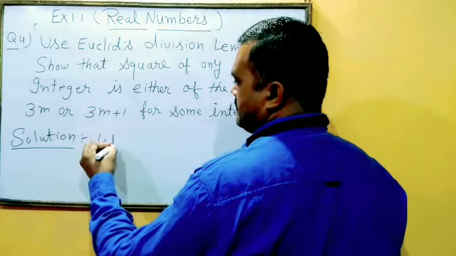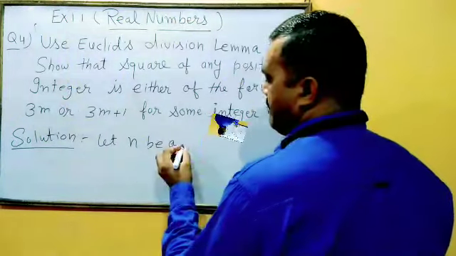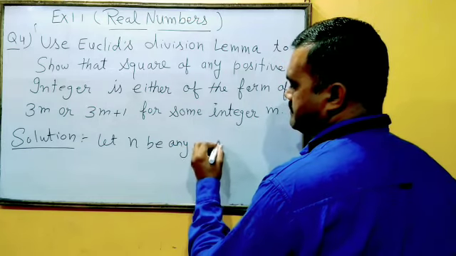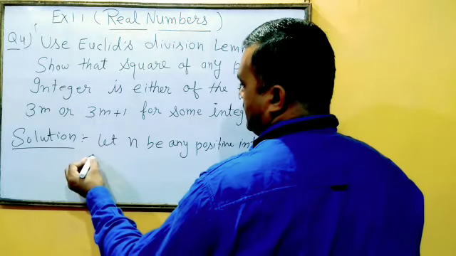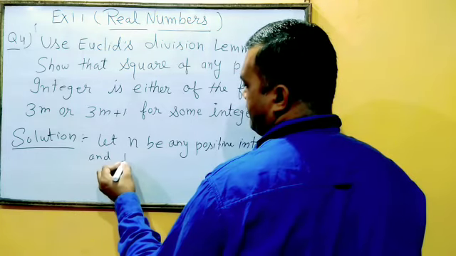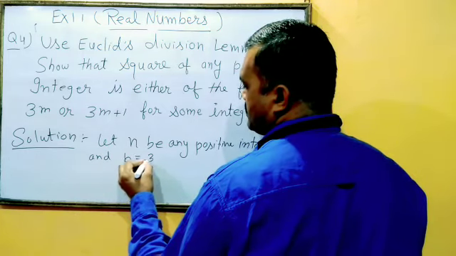Let n be any positive integer and b equals 3.